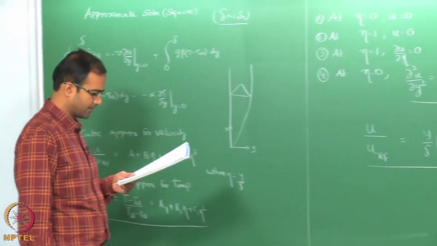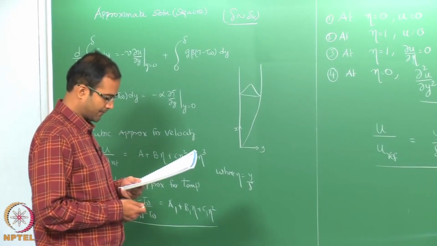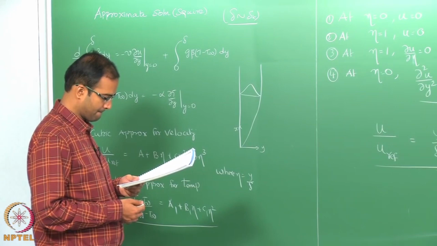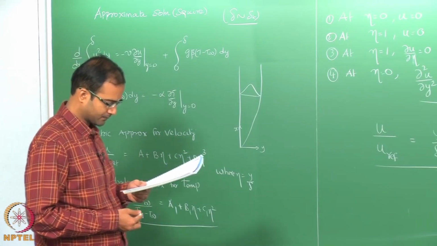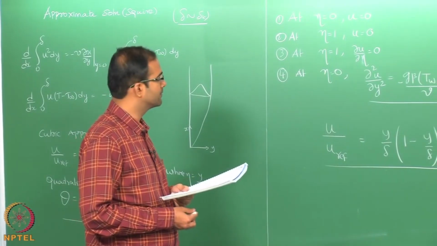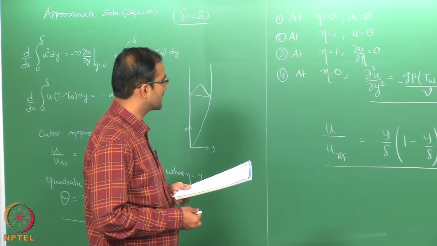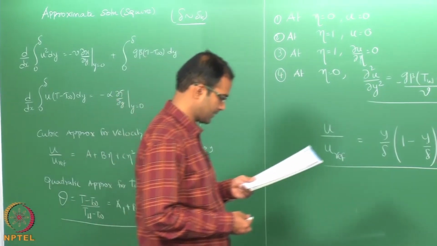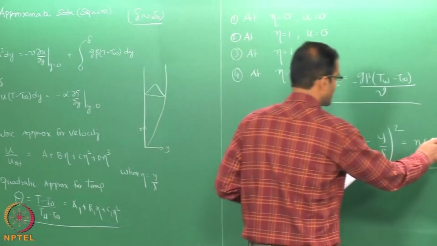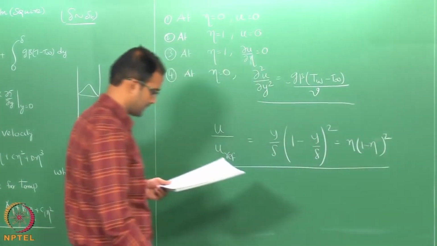So, this is the final profile that you will be getting after all the manipulation. Is that right? 1 minus y by delta, the bracket the whole square? Yes, it should be 1 minus eta the whole square here, that is correct.